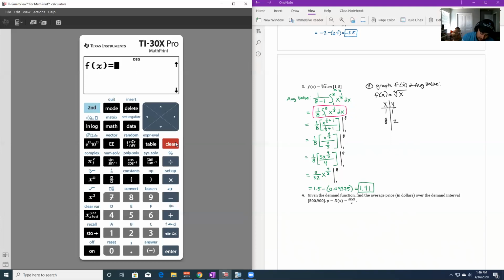And then we graph. This means this will be 0, 1, 2, 3, 4, 5, 6, 7, 8. So 1 to 8, and the only y values we need are 1 and 2.